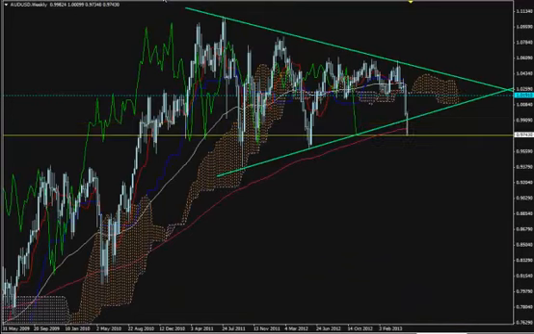We see that the pair on the weekly chart was moving inside a triangle for a long time, and it was in a range-bound consolidation mode for a while, and it turned.